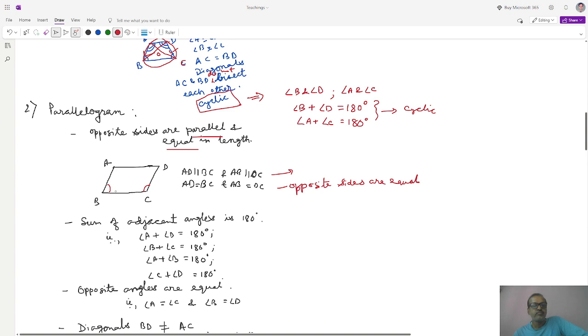So the sum of these two angles will be 180 degrees. Similarly, angle A plus angle D equals 180 degrees, angle A plus angle B equals 180 degrees, and angle C plus angle D equals 180 degrees. These are all the pairs of adjacent angles. In a parallelogram, the sum of adjacent angles is 180 degrees.